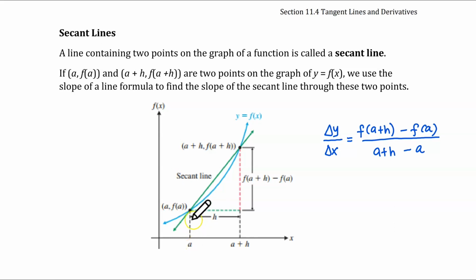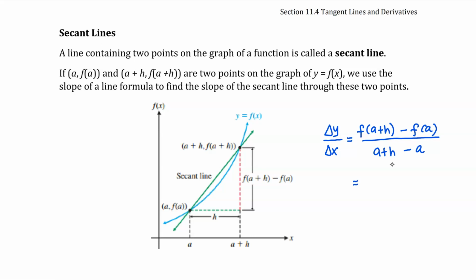Notice that our first point has x coordinate of a, and the second point has the x coordinate of a plus h. So a plus h is actually h distance away from a. And that's what you will get when you subtract the two x coordinates here.